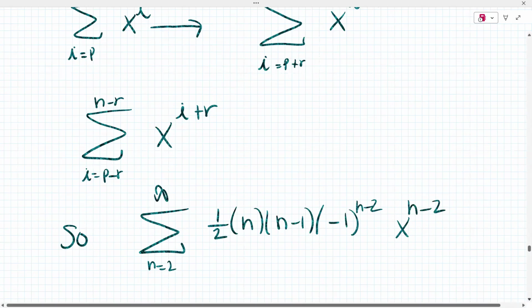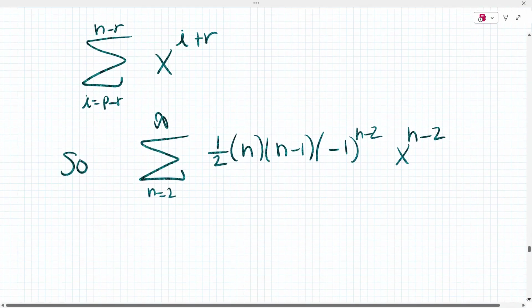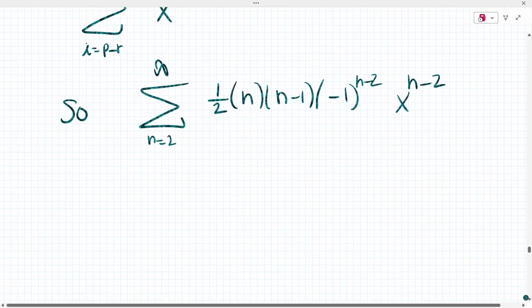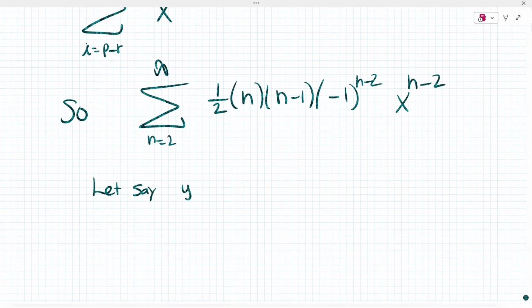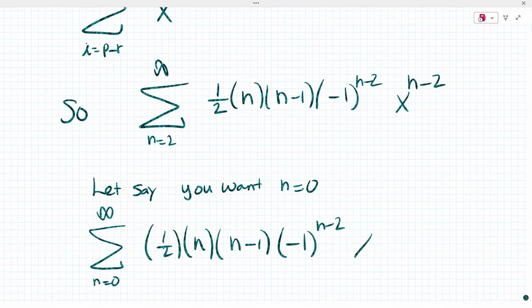So let's say if your n was 0, you get the summation n equals 0 to infinity of 1/2 times n times n minus 1 times negative 1 raised to the n minus 2. That's n.